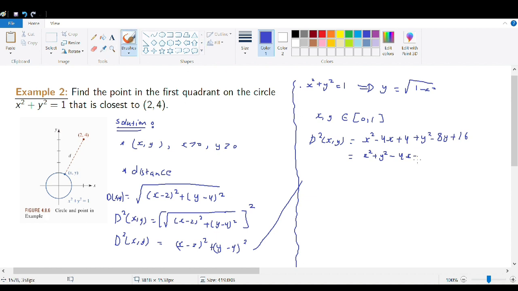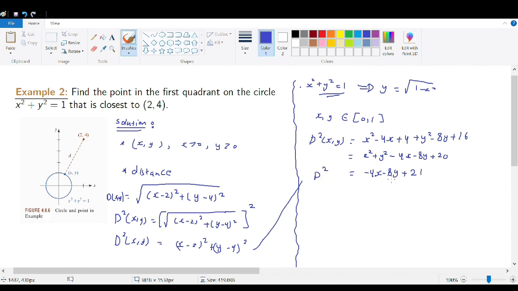So minus 8y plus 20. Now we know that x squared plus y squared is given by 1, so we can replace this, and it will give us 1 minus 4x minus 8y plus 20, so it will be minus 4x minus 8y plus 21. This is d squared.